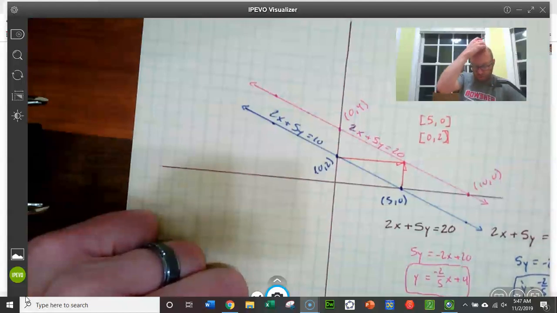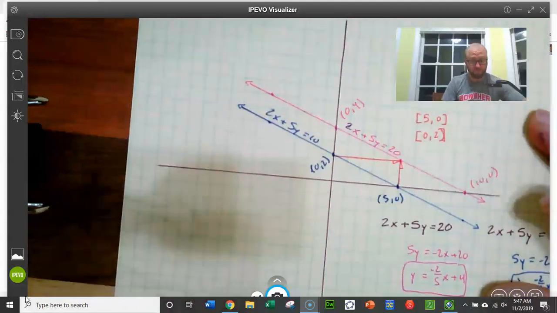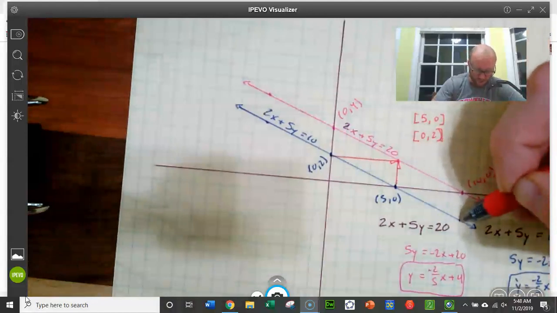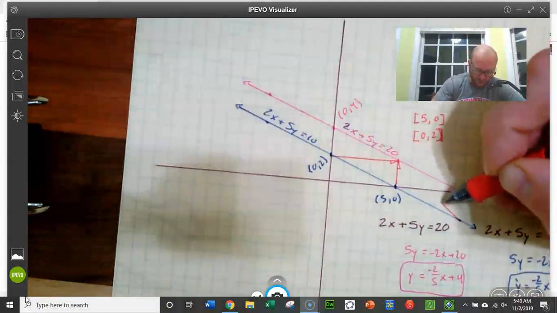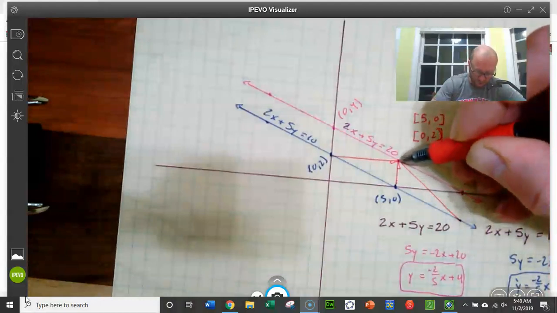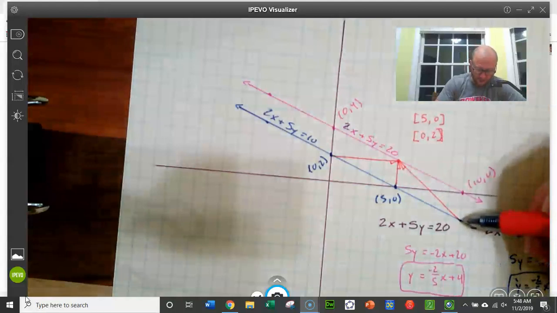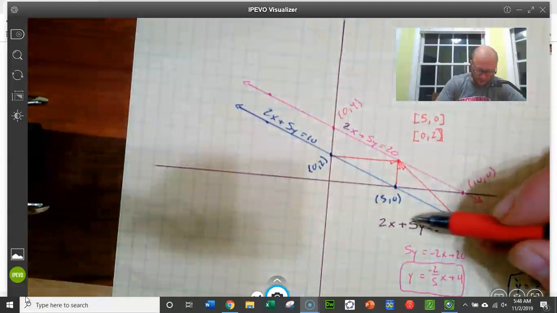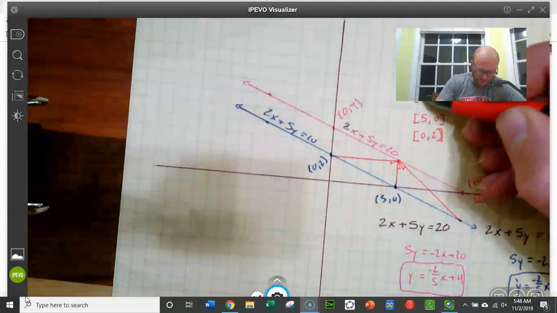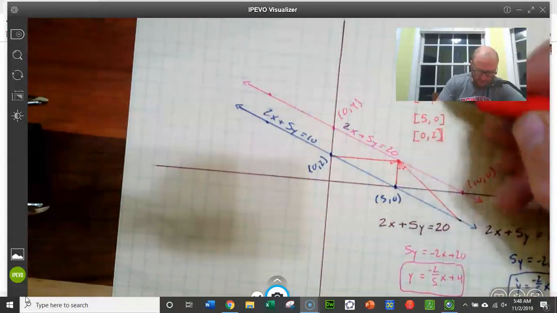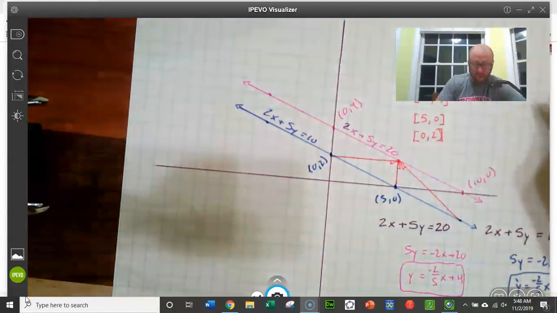Now there's lots of other options as well. I could shift every point like that. That would be the vector negative 5, up 4.